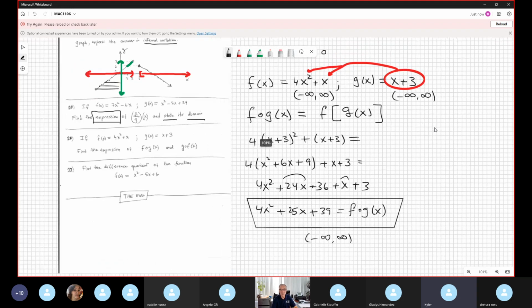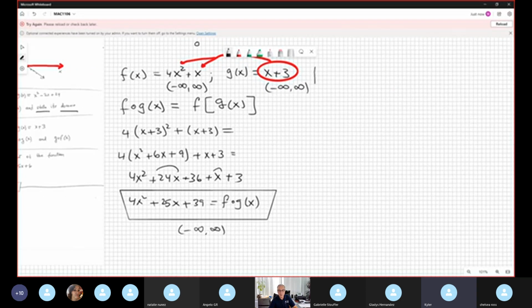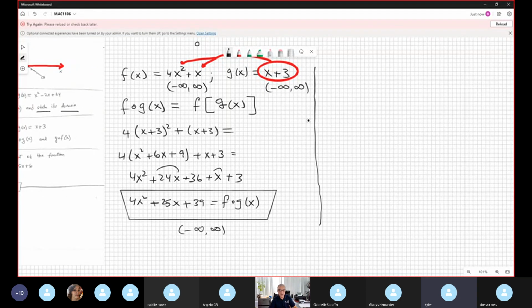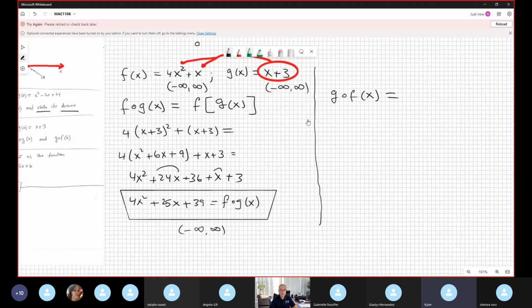However, about the opposite direction, I need to split the paper into pieces. I need to compute now g composition f. It's a little bit different. I'm using another color. Green is good. And now you take this guy inside this. It's easy because inside there is only one x.